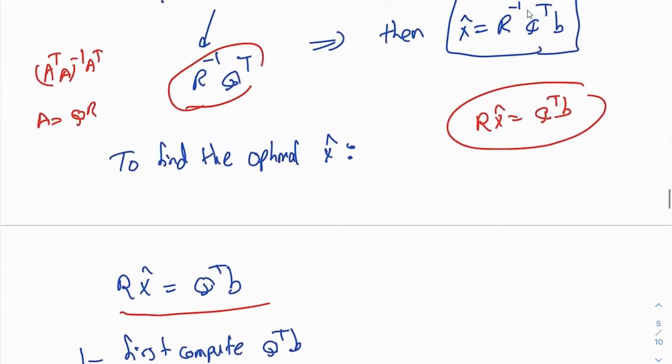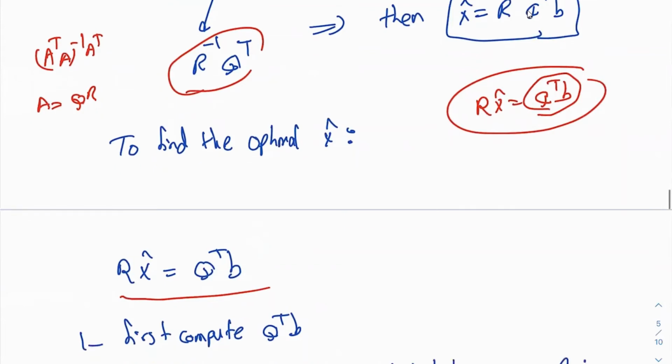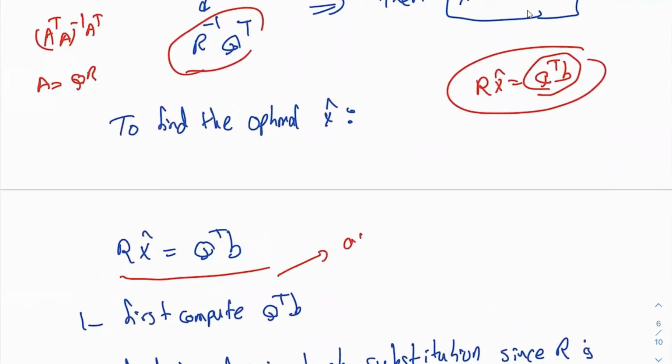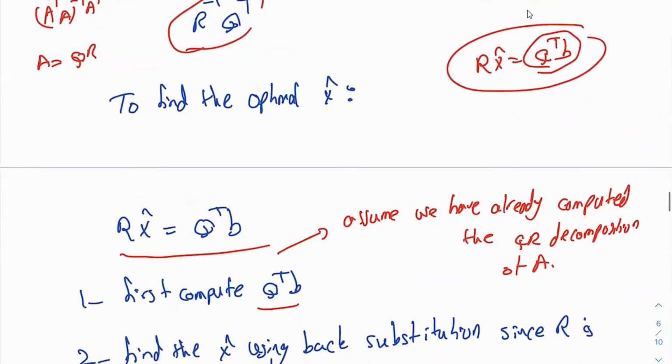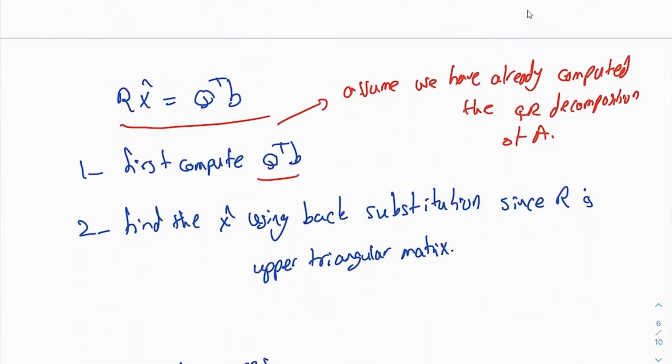One can argue that first we find the QR decomposition of A, but assume we have already computed the QR decomposition of A. So once we have a QR decomposition, then calculate this quantity, Q transpose times B. Then find the X hat using back substitution, since R is an upper triangular matrix.